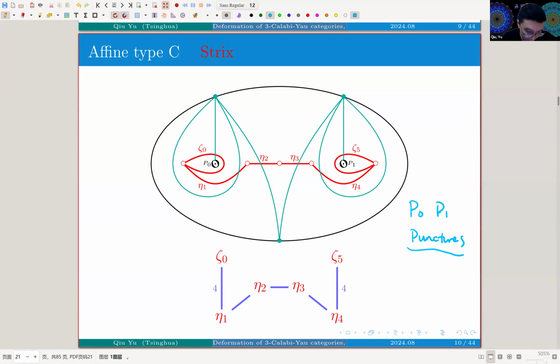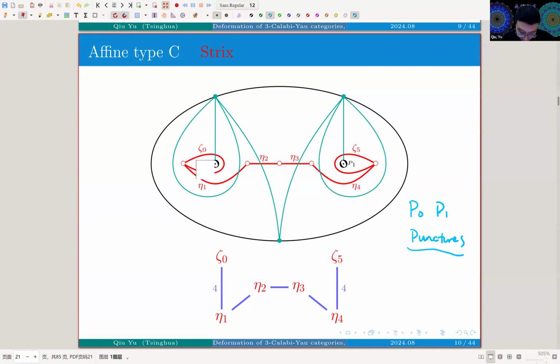There's another type of thing I draw here, which is the decoration. Later the punctures and the boundary components will be the poles of the quadratic differential, but those decorations will be the zeros of the quadratic differential.